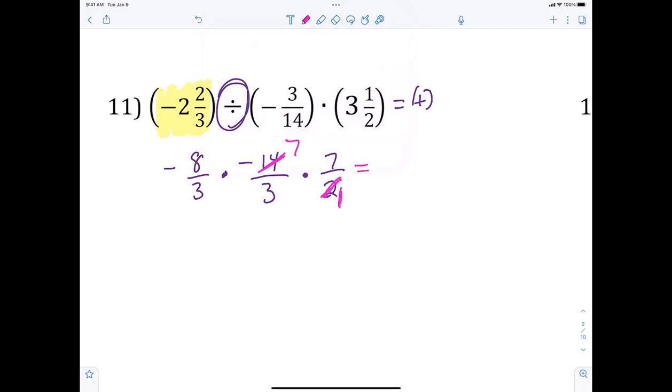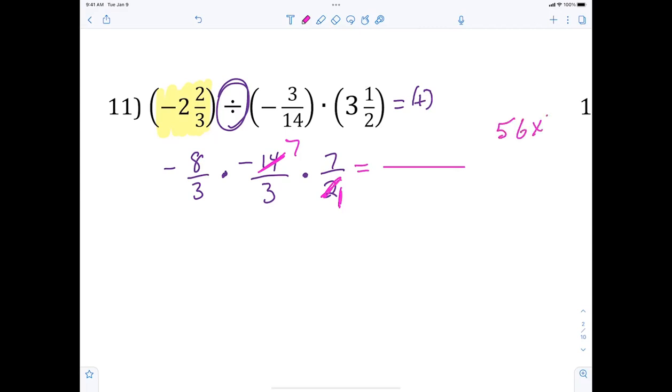All right. And so now we just have to multiply straight across. So what do you want to multiply? Eight times 7 is what? That's 56.